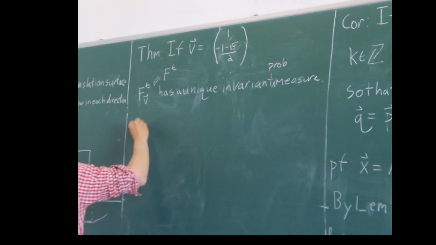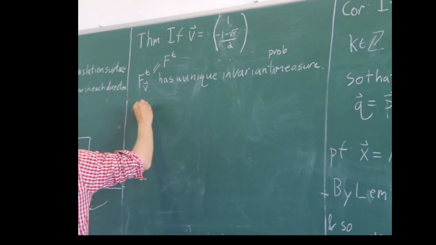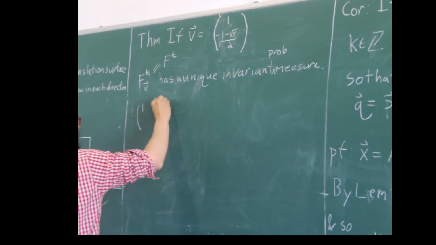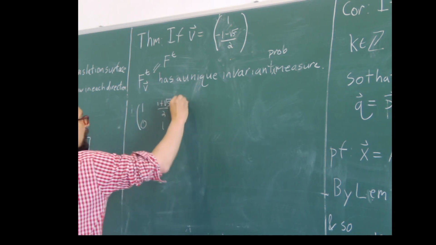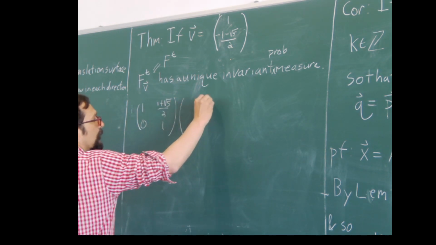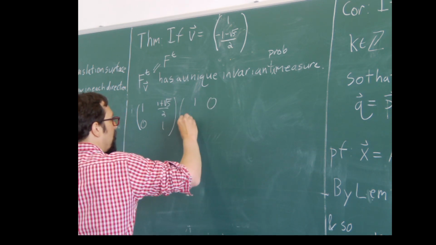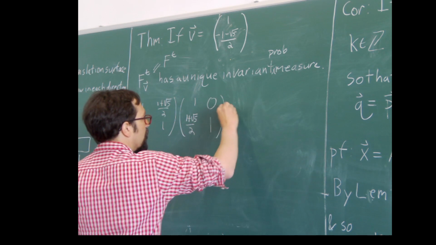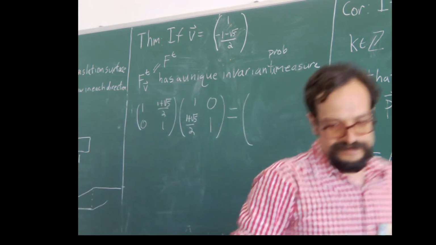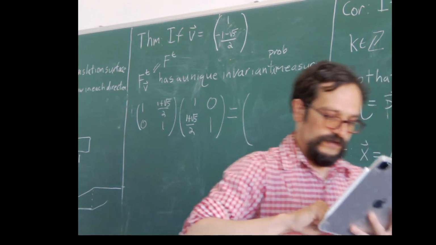So now what I can do is look at 1 plus the square root of 5 over 2, 0, 1, times 1, 0, 1 plus the square root of 5 over 2, 1. I surely need to check my notes to get this right.